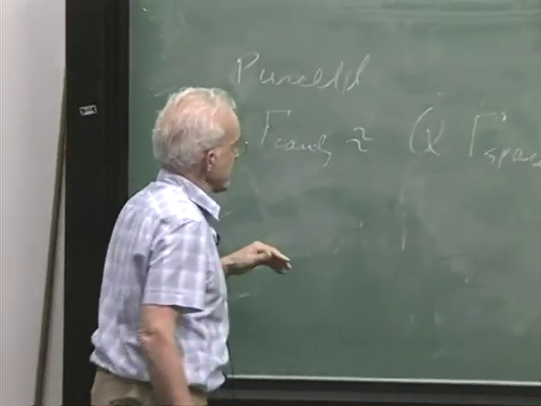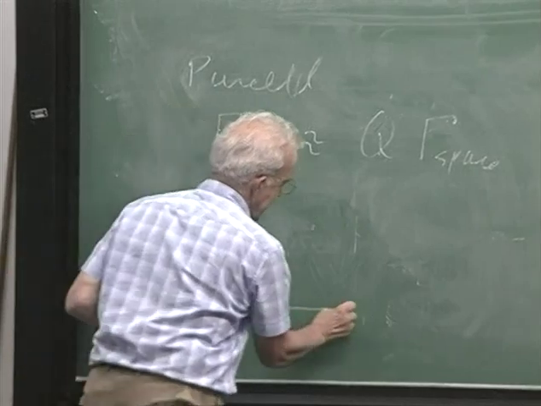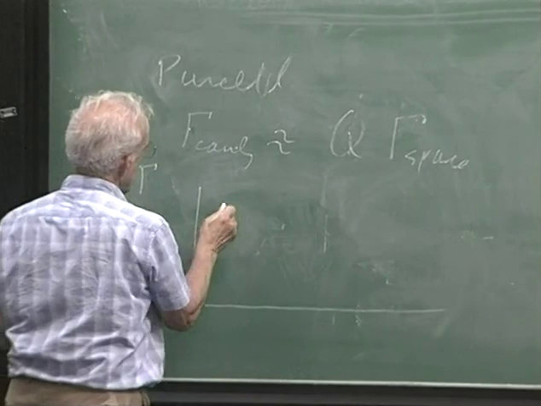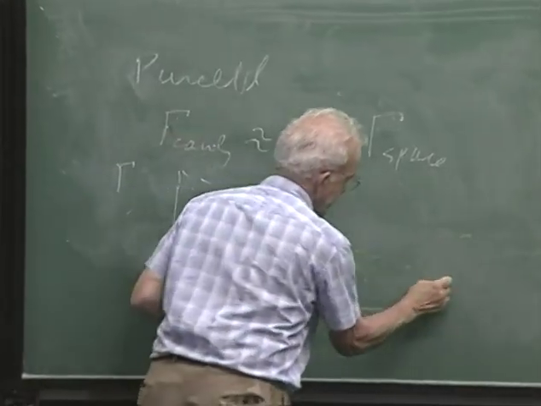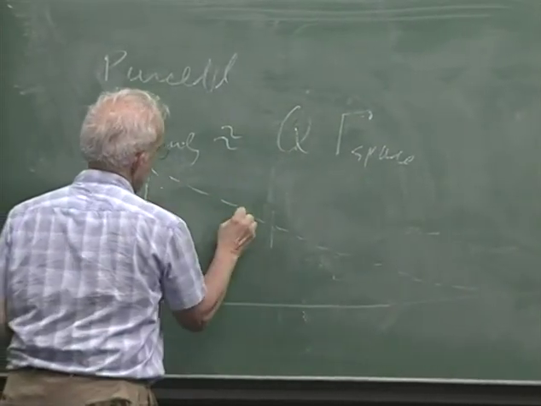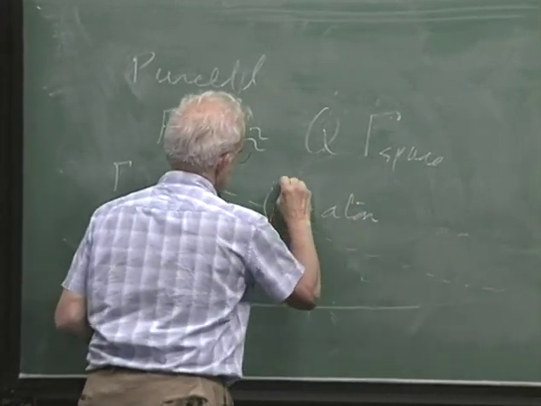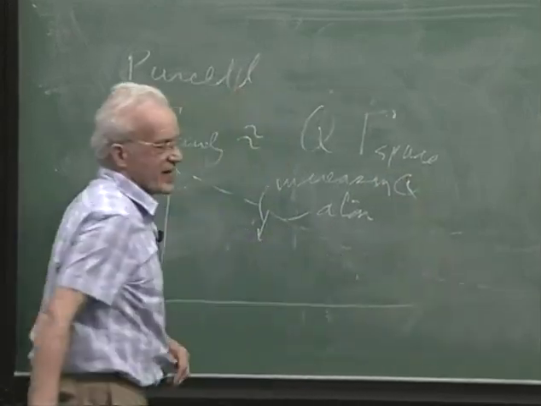So what happens is, if you put atoms in a cavity and look at the radiation rate for the atom, it damps very, very slowly, but as you put them in a higher Q cavity, this is the atom, and this is increasing Q. Now, what about the cavity?